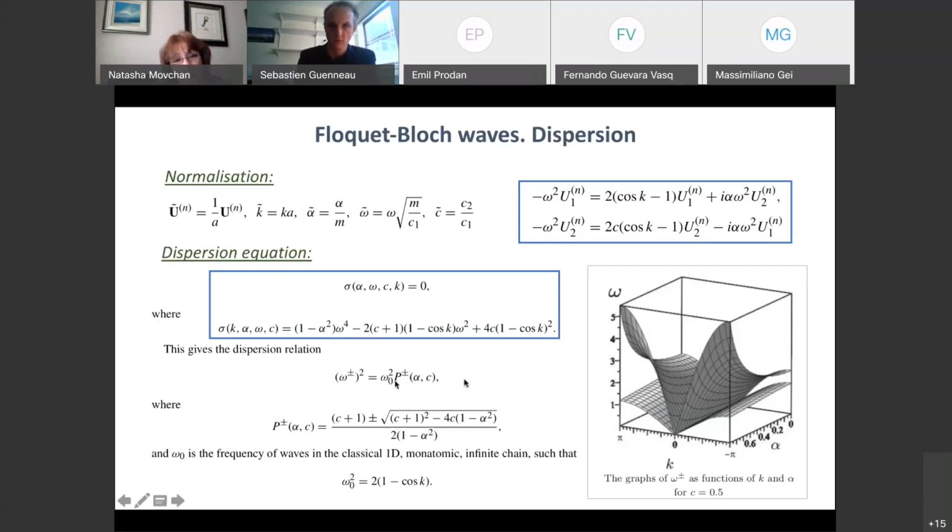And these quantities p plus minus, which depend on alpha, the gyroscopic parameter, and the constant responsible for pretension, have this particular form.